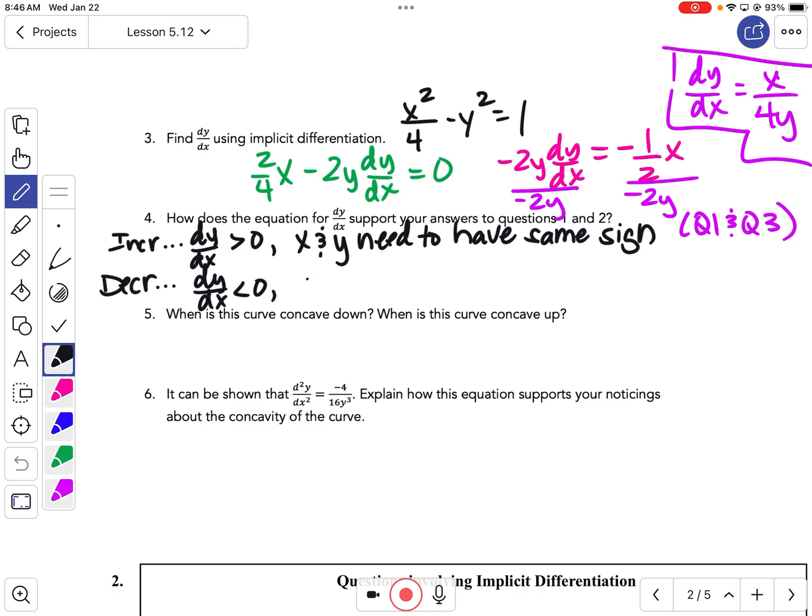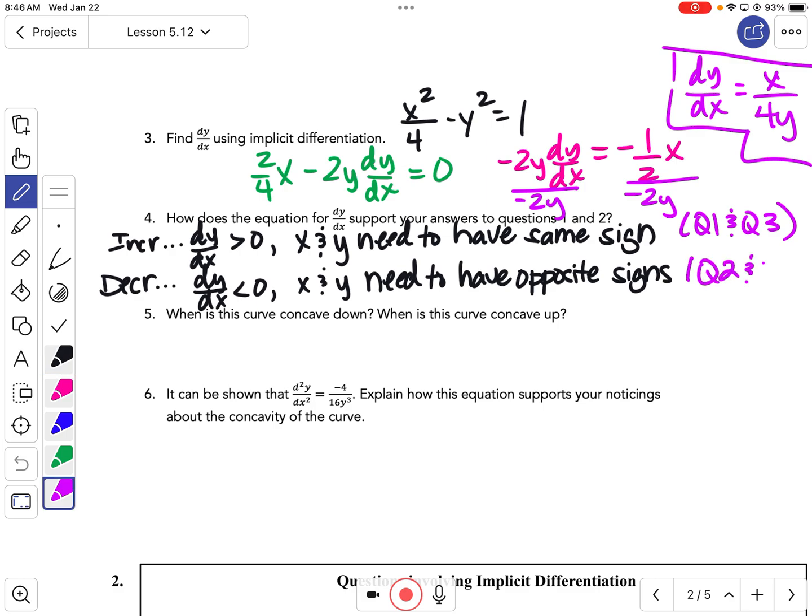They have to be opposite signs, which makes sense for quadrants 2 and 4, which is what we saw from the picture. Good. So the same rules still apply even though it's an implicit relation. The derivative has to be positive for it to increase and negative for it to decrease.